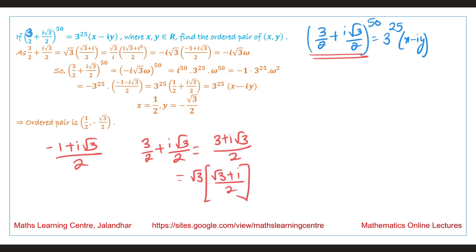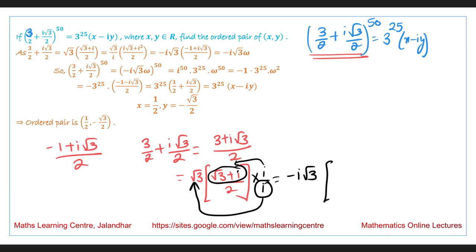Now we have to convert this number into this form, so we multiply and divide it by iota. We get minus iota root 3, shifting this iota over here, and when we multiply iota inside, iota into iota becomes minus 1 plus iota root 3 by 2.